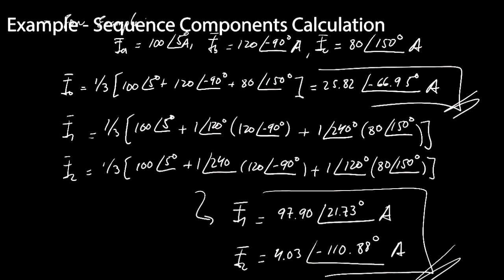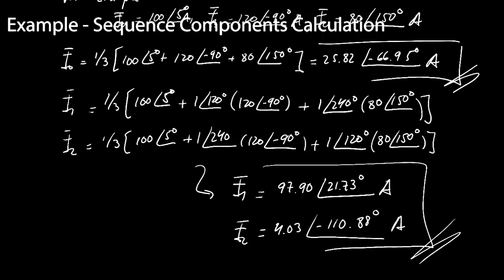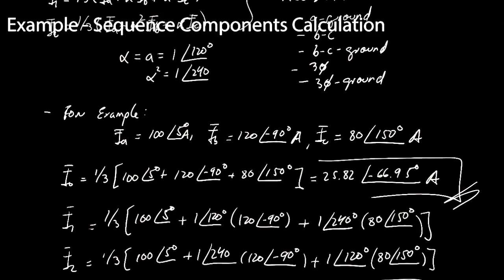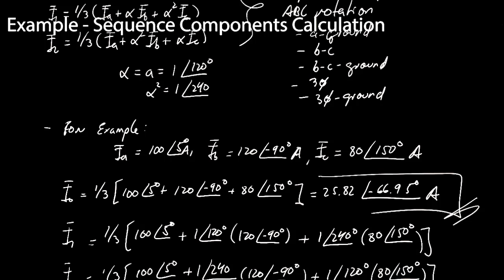Now notice a couple things here. The positive sequence has a much higher magnitude than the negative sequence, and it's still about 4 times higher than the zero sequence current as well. The reason is that these phasors, although they're unbalanced, are somewhat balanced. You can see that the magnitudes are not that much different, about 20% different from each other.